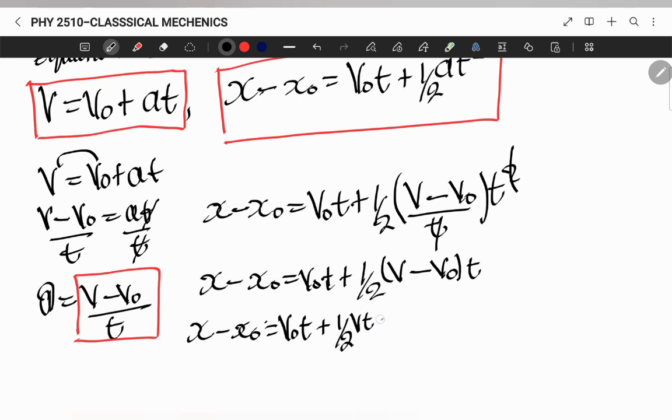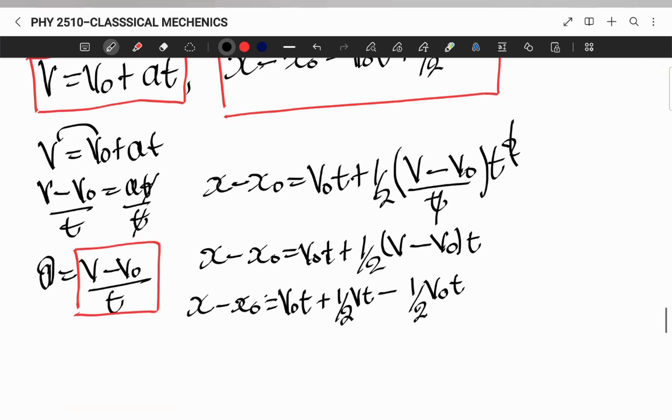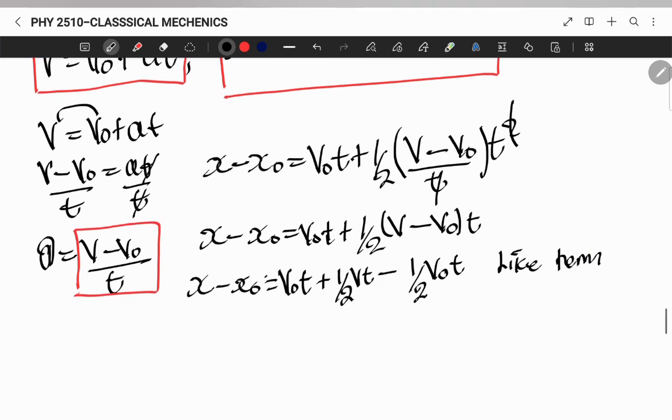Then half times v naught is half v naught t, just like that. When you reach this stage, you check out the like terms and group them together. Just simple math which we used to do.